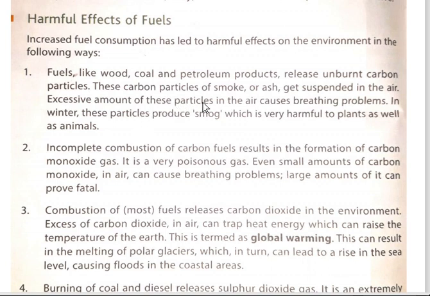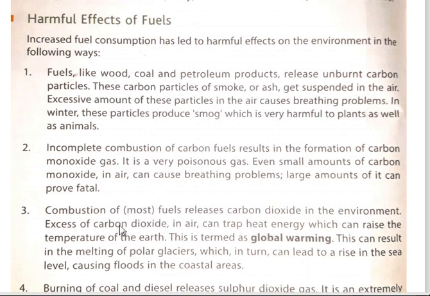These carbon particles of smoke or ash get suspended in the air. Excessive amounts of these particles in air cause breathing problems. In winter, these particles produce smog, which is very harmful to plants as well as animals.